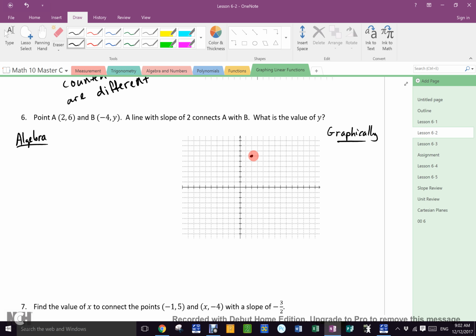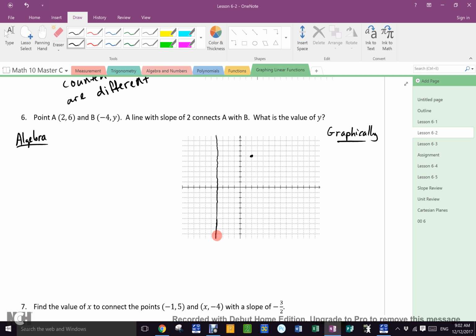I know something about B. What do I know about B? I know the x value, which is what? -4. 1, 2, 3. So it's somewhere on that line, correct? Does everyone agree?